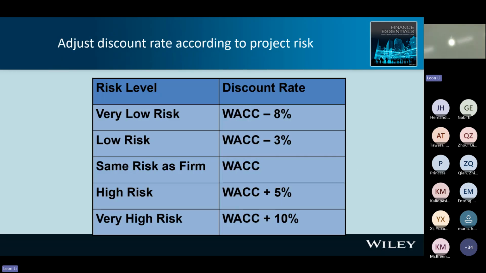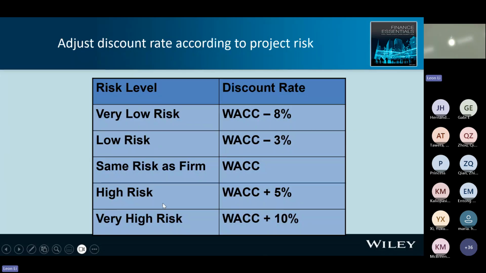So how to adjust? The point is to adjust the discount rate according to project risk. If we have a new project that has the same risk as the firm, we can use the WACC as the discount rate. But if the risk is higher, for example high risk or very high, then we increase our WACC.